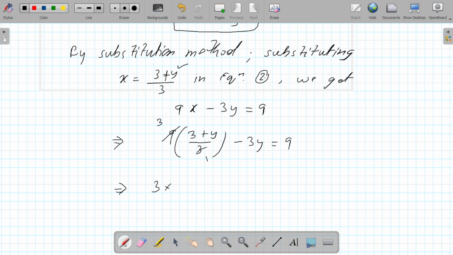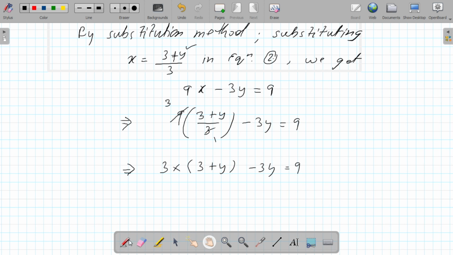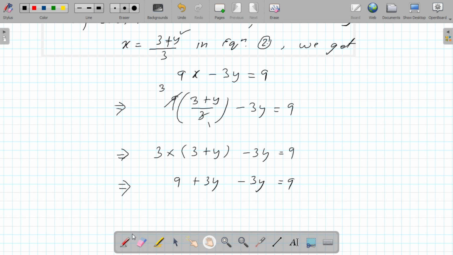Now 3 is multiplying to 3 plus y minus 3y equals to 9. This will be equals to 3 into 3 will be equals to 9 plus 3y minus 3y equals to 9. So now you are looking, the condition here, after putting the value of x, 3y is cancelling from 3y, 9 equals to 9.